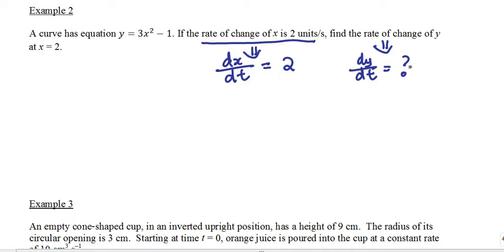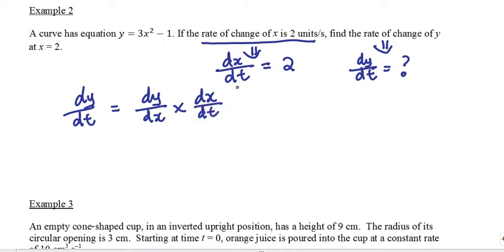So earlier on, looking at the formula for connected rates of change, we know that to find dy over dt, we can just take dy over dx times dx over dt. We can cancel out the dx and we are left with dy over dt.